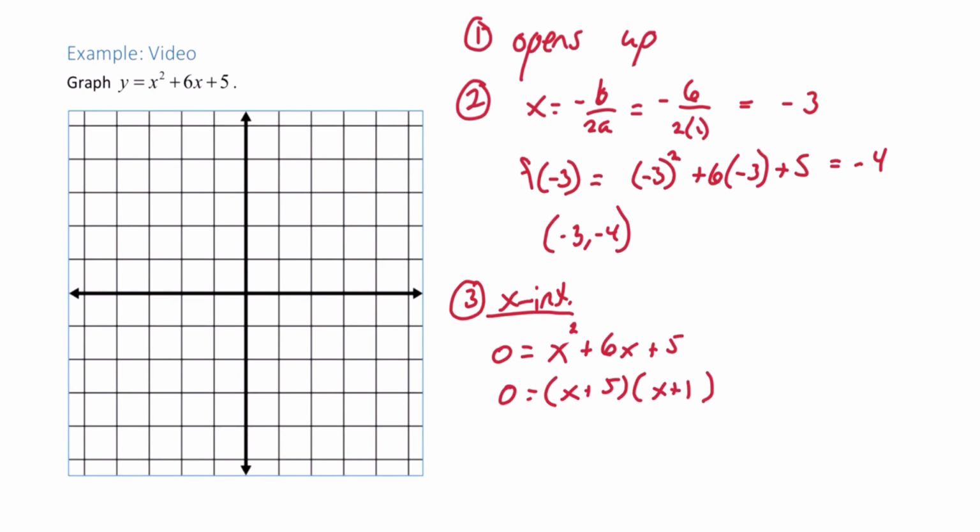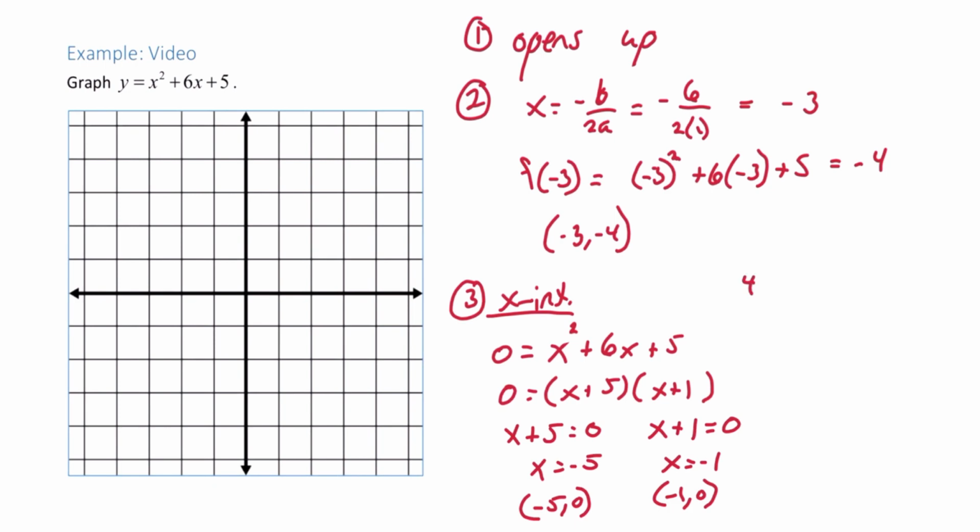Set each of those factors equal to 0. We get x equals negative 5 and x equals negative 1. So the x-intercepts are negative 5, 0, and negative 1, 0.